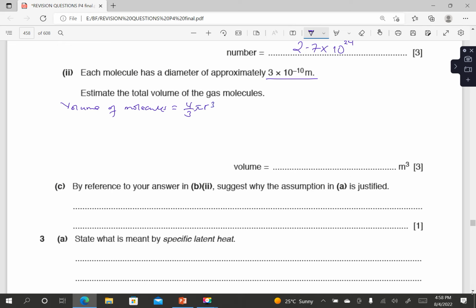The total volume will be the number of molecules times the volume of one molecule. So the total volume is equal to 4 over 3 pi times r, which is 3 times 10 power negative 10 divided by 2 because it was the diameter, all raised to power 3, times the number of molecules, which we obtained as 2.7 times 10 power 24. Remember, this is an estimate. An estimate can be quoted to one significant figure.